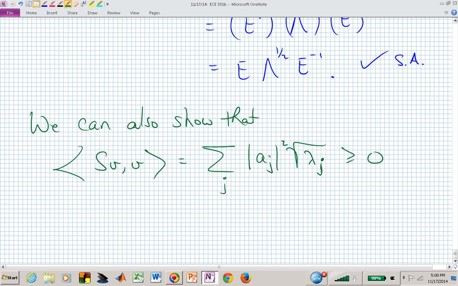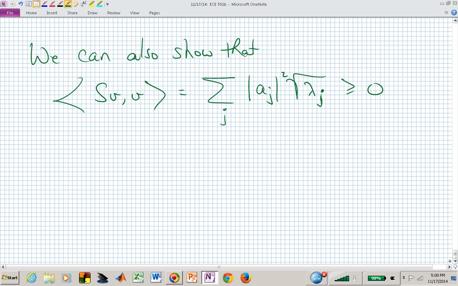Where did that come from? Well, let's now build any vector. Any vector can be constructed by a linear combination of the basis vectors. And our basis vectors were these E's. Suppose V is now A1 E1 plus A sub 2 E sub 2 plus A sub n E sub n.